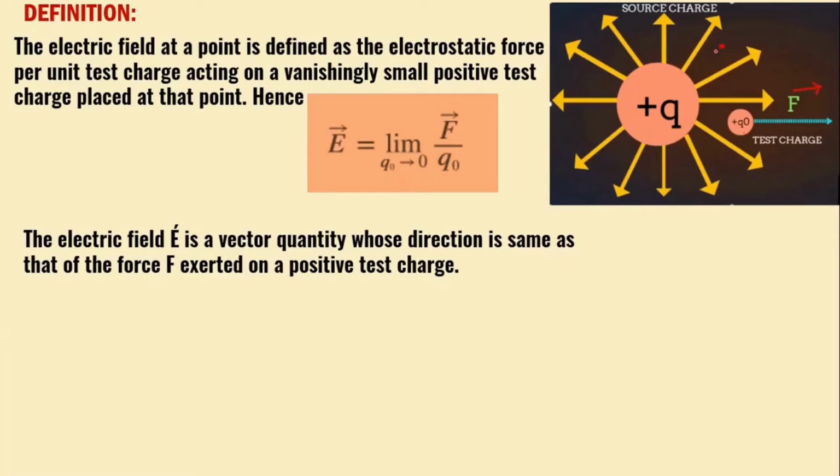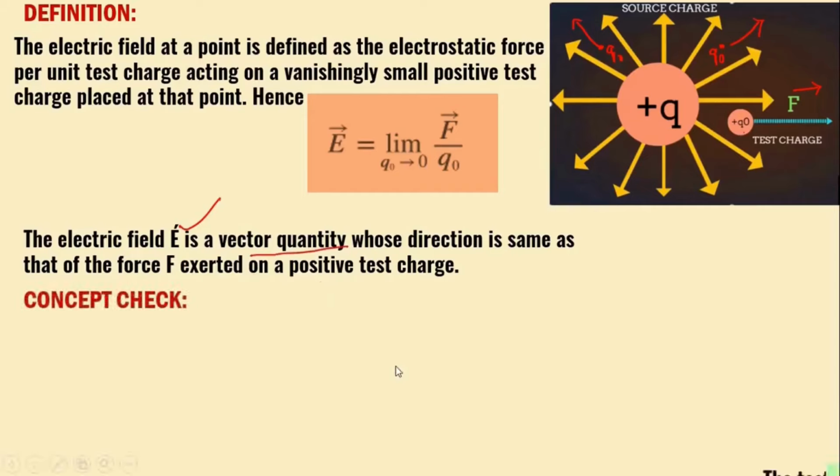If we place the test charge at this point, it will experience a force in this direction. So depending on the position of the test charge, the direction of the force keeps changing, and hence the direction of the electric field keeps changing. That is why we call it a vector quantity. That means its direction is the same as that of the force experienced by the test charge.